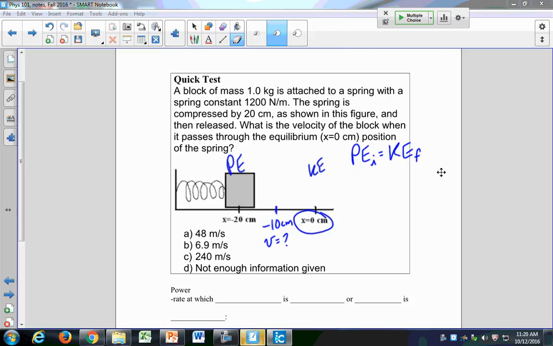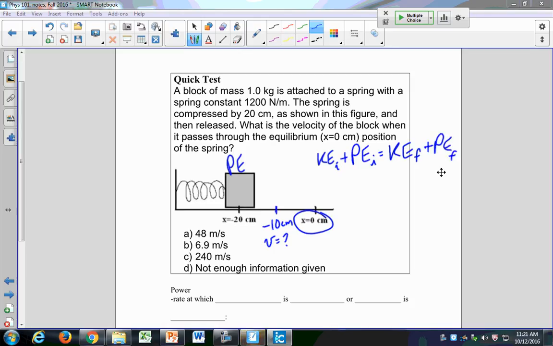Remember, I'm also imagining that I write kinetic energy initial here and potential energy final here.